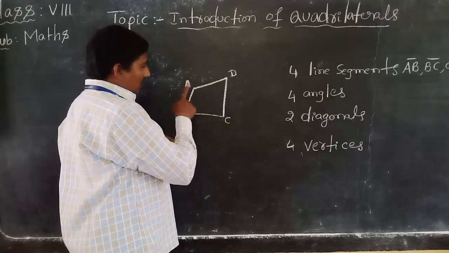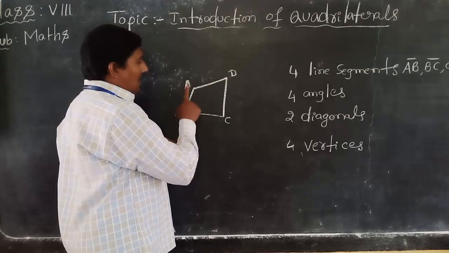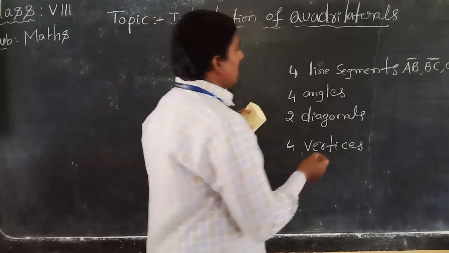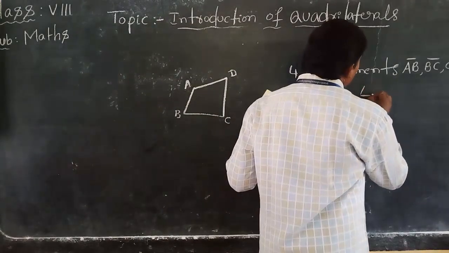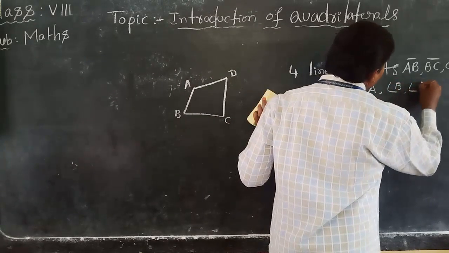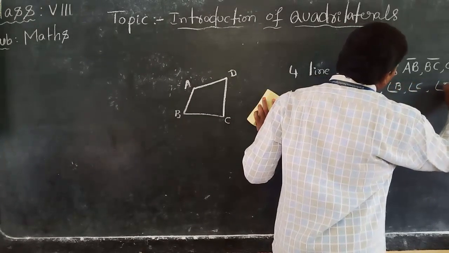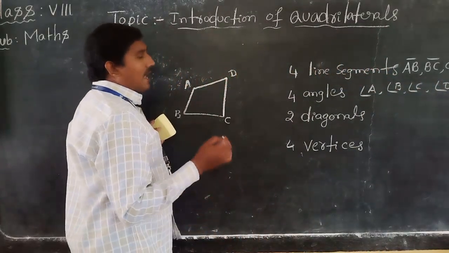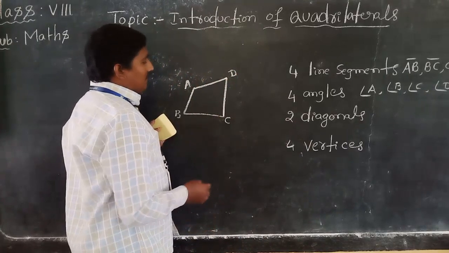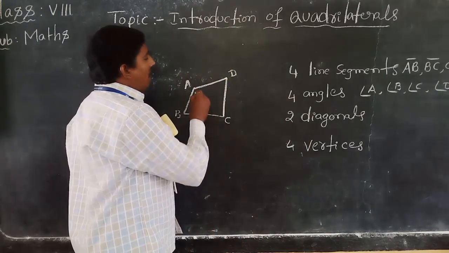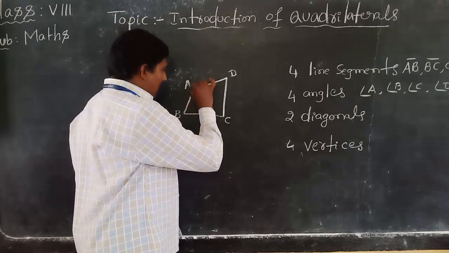Otherwise, for showing angle A, angle BAD, otherwise DAB, like that. Very easy way is angle A, angle B, angle C, angle D. 4 angles. Next, 2 diagonals. A diagonal means a line segment joining the opposite vertices.